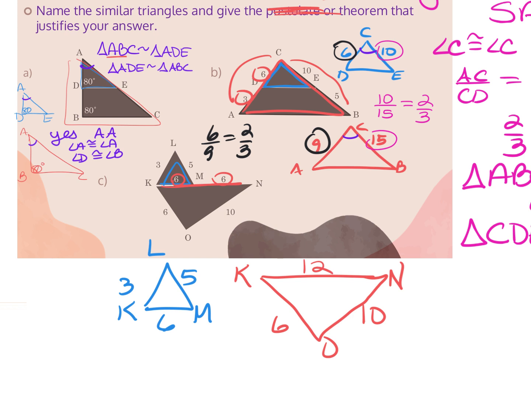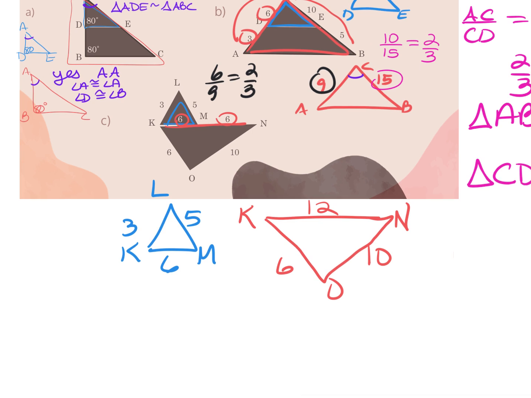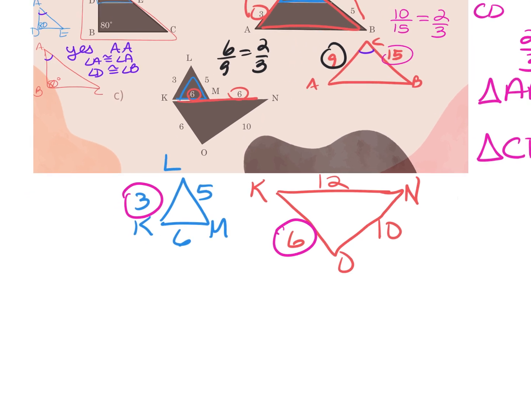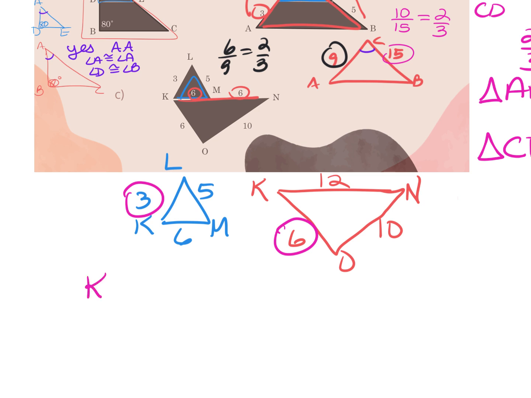Now again, I don't have a similarity statement to go off of. So I'm going to match the smallest side with the smallest side of the other one. So I can match the 3, the smallest side here, with the smallest side here. And again, the order that you put it doesn't matter. If you wanted to do KL over KO, 3 to 6, 1 to 2.